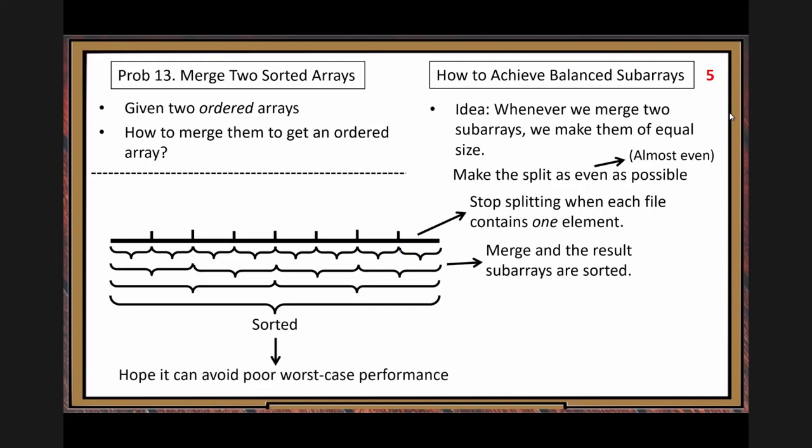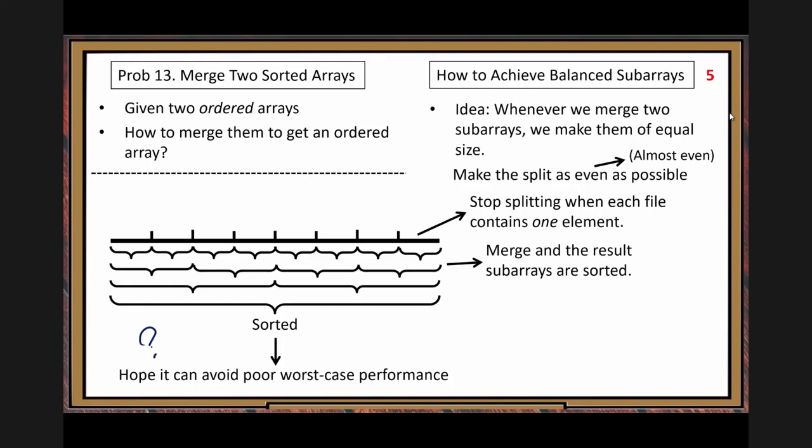Hope it can avoid poor worst case. What is this comment? What's the meaning of this comment? Let me explain. People may ask you, why do we do it this way? We have so many different ways to do sorting.